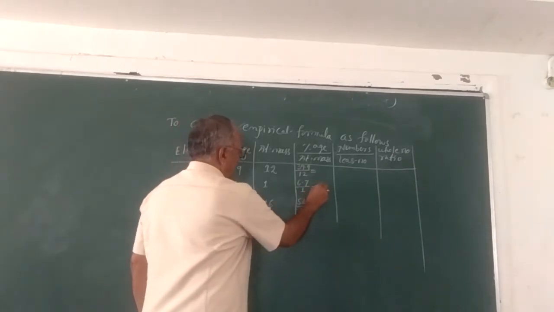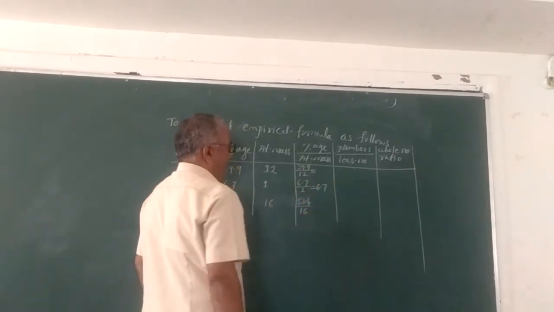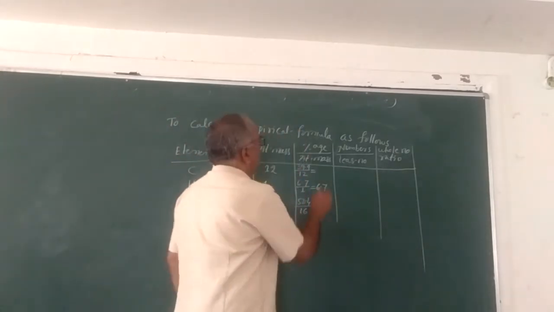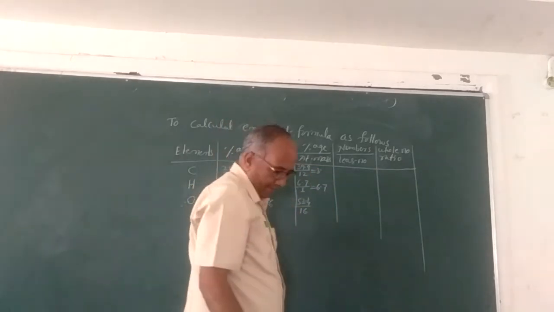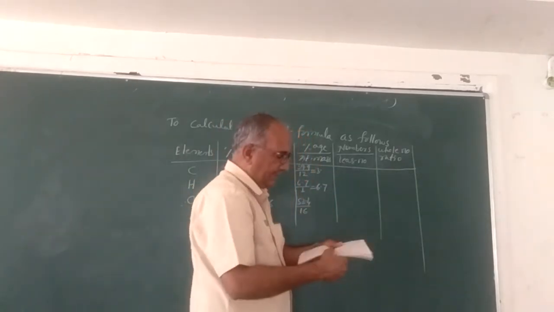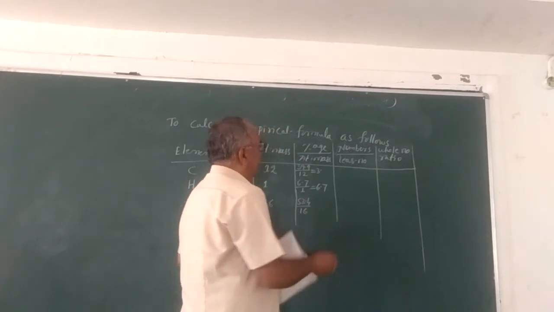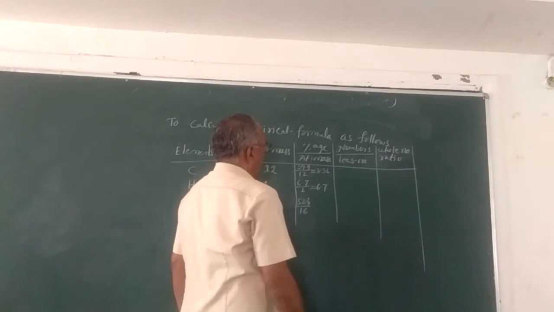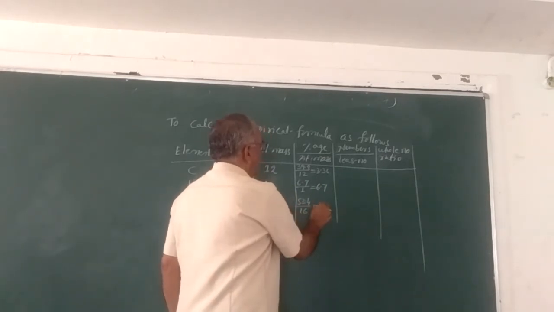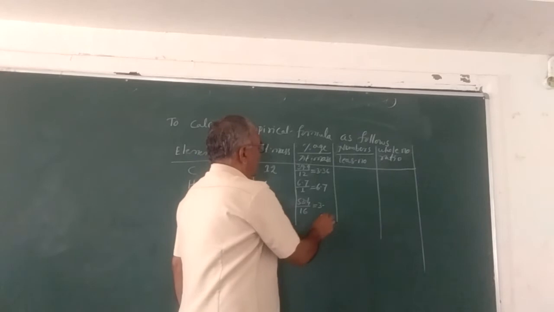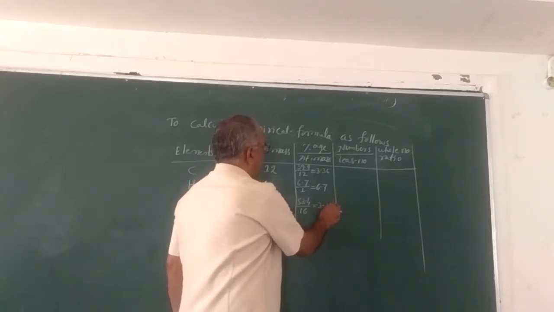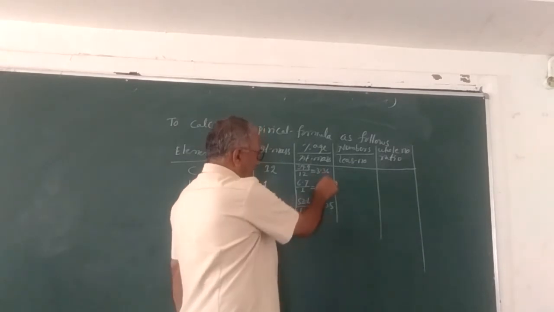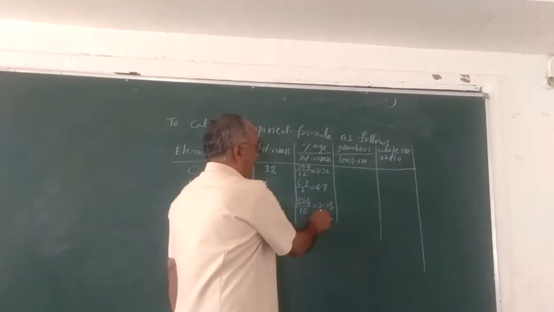So this is 6.7, and this is 3 point something, that is 3.36, and this is also 3.36. Then among these numbers, which is the least number? This is the least number.